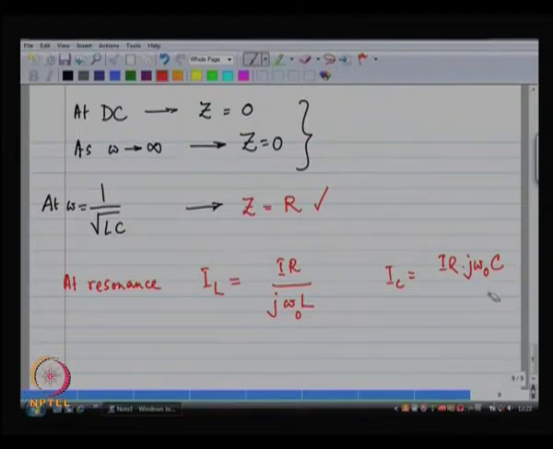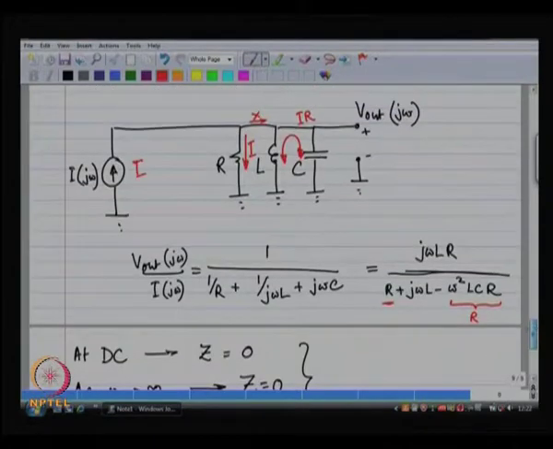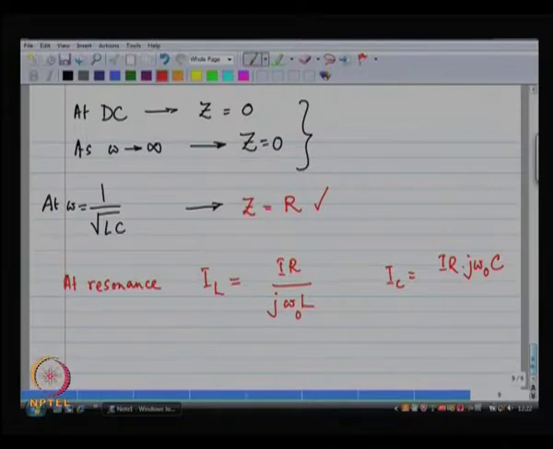And presumably these two should cancel each other, right. I L plus I C should be equal to 0, otherwise it does not work, that is Kirchhoff's law. Okay. Now, let us see if that works out.